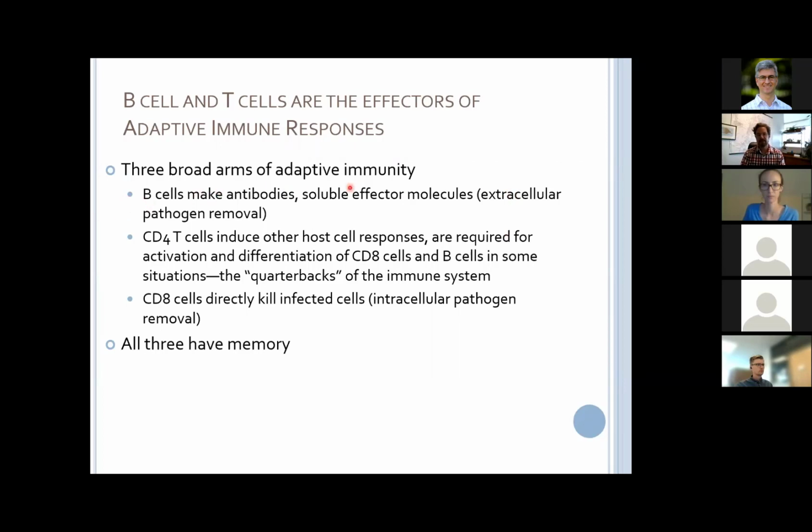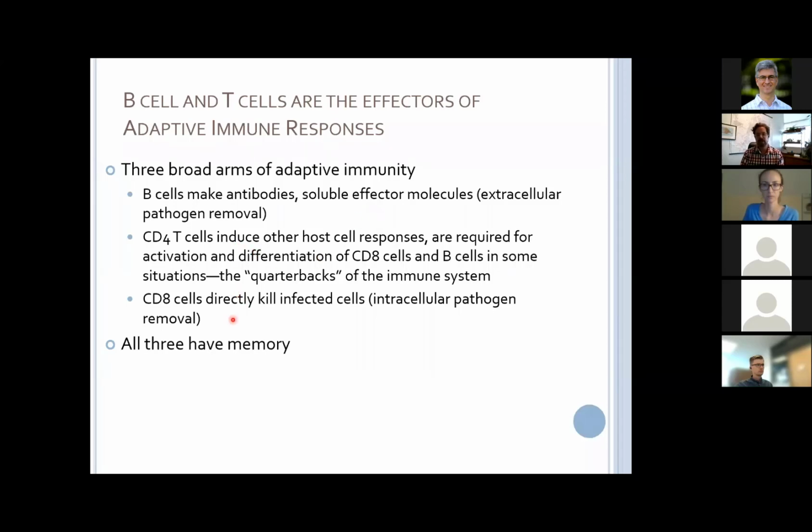So you've got B cells that make antibodies. The antibodies are soluble effector molecules that participate in extracellular pathogen removal. I call them little torpedoes of the immune system. They can be made in high quantity and flood your blood, can flood mucosal surfaces, and literally block mechanically a pathogen from doing what it wants to do.